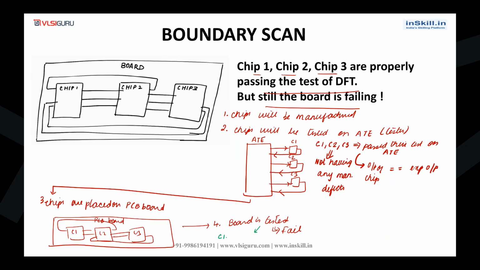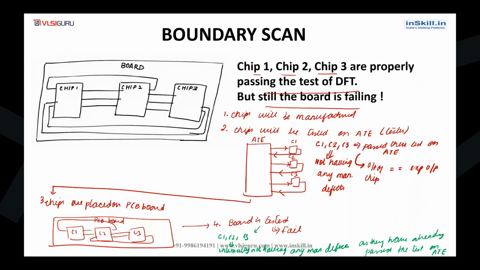Chip 1, chip 2, chip 3 are internally not having any manufacturing defects, because they have already passed the test on the ATE.